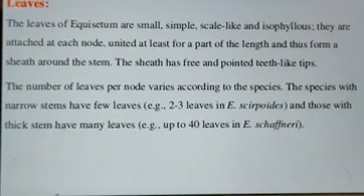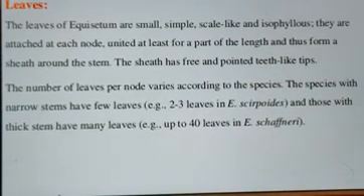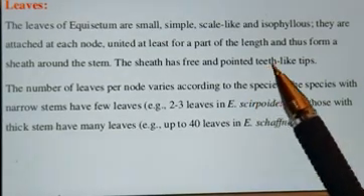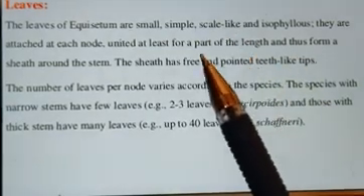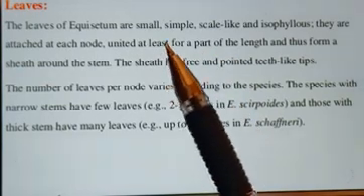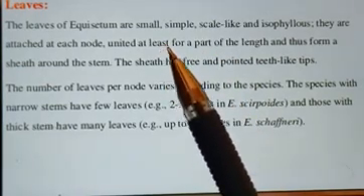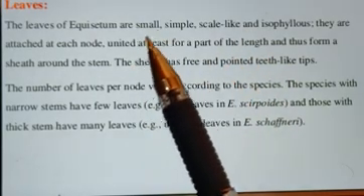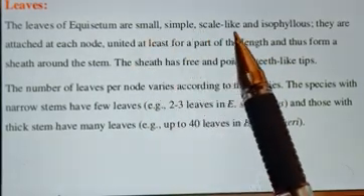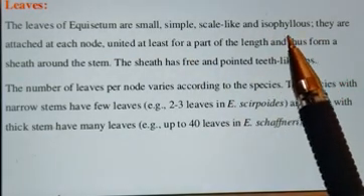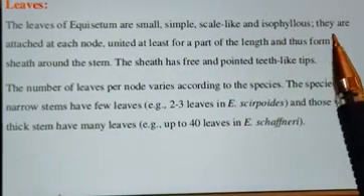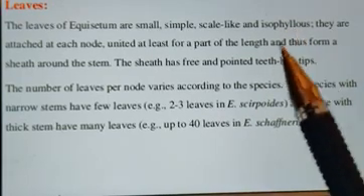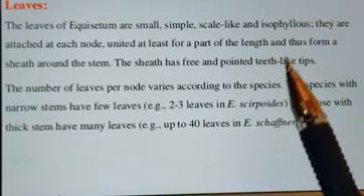Then leaves. The leaves of equisetum are small, simple or scale-like. Okay, we also discuss the xerophytic condition. They show the xerophytic condition, that's why small, simple, scale-like leaves are present. And isophyllous, iso means the same leaf structure is present.